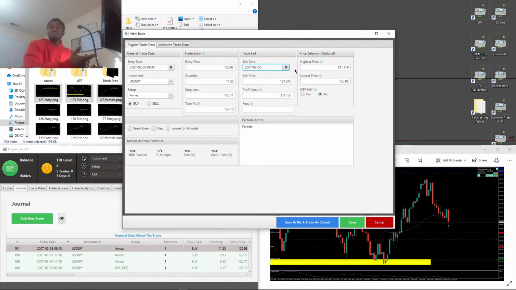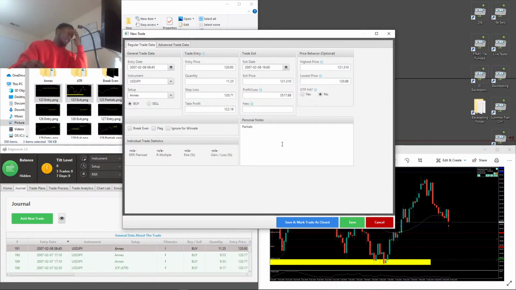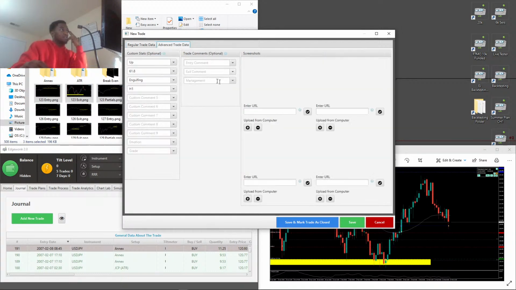A mistake I make a lot with this is actually entering the date correctly. Because when you come here and click this, it starts on today's date. And if I forget to change the year, I'll look at my stats and see that I had a trade that went back in time, or took 20 years to play out.